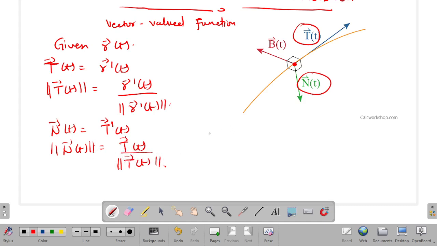Then we find what you call the binormal vector. The binormal vector gives spatial direction. It's very important. The binormal vector is a cross product. Our binormal vector is simply the cross product of our unit tangent vector and our unit normal vector.